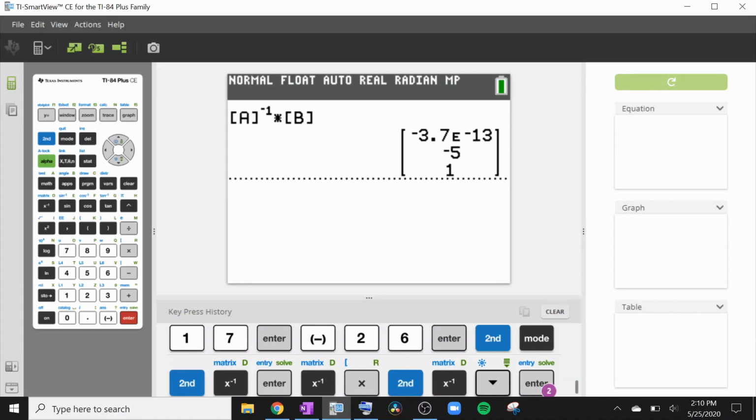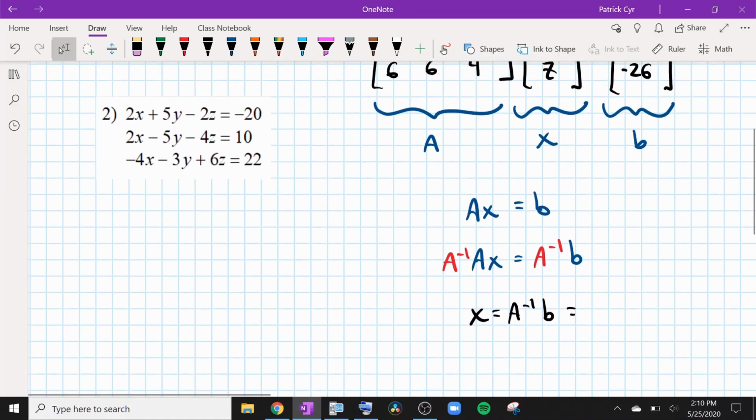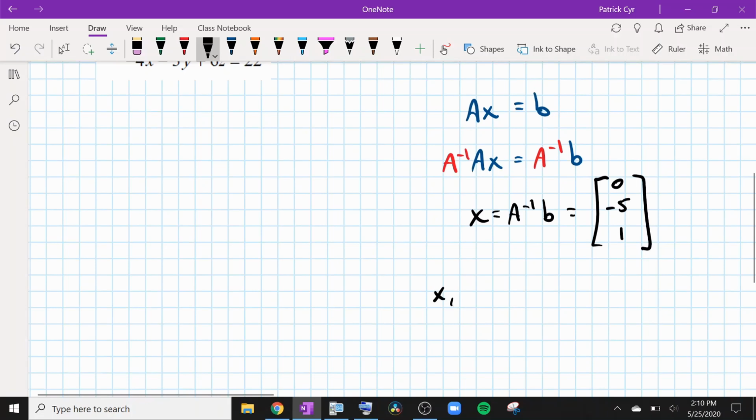It's just giving you a very, very small number instead of 0 for some reason. So we're going to use 0 here as our answer. So the solution to this system of equations is as a matrix 0, negative 5, and 1. And so X, Y, Z is equal to 0, negative 5, and then 1.